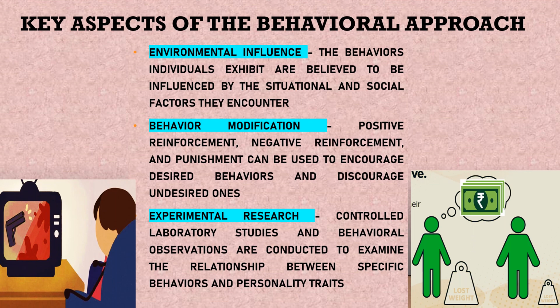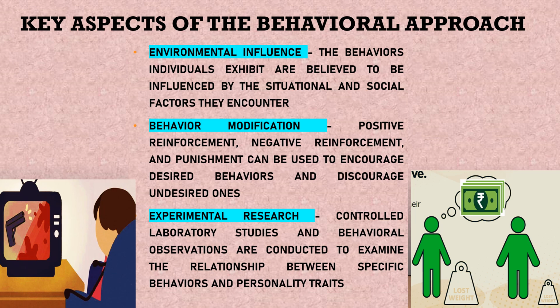Next key aspect of the behavioral approach is environmental influence. The behavioral approach highlights the significance of environment in shaping personality. The behaviors individuals exhibit are believed to be influenced by the situational and social factors they encounter. The focus is on understanding how external stimuli and environmental cues impact an individual's behavior and subsequently shape their personality.